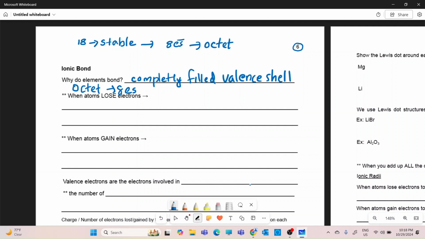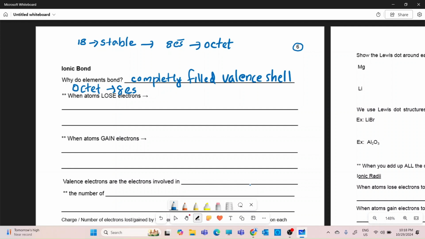So there are 3 ways to get 8 electrons. Some elements will lose electrons, some will gain electrons, some will share electrons. In ionic bonding, we are going to talk about losing and gaining, because then only there will be positive and negative charge.